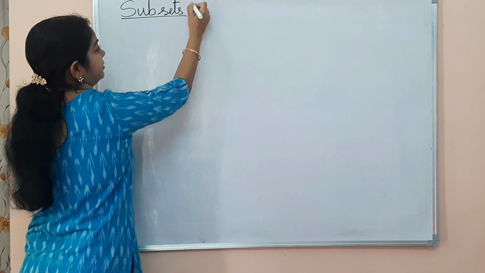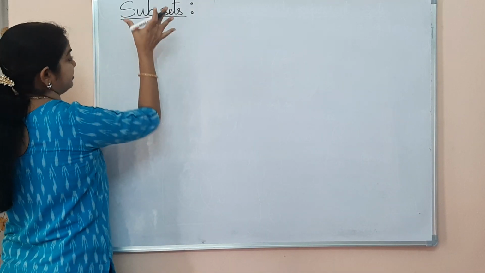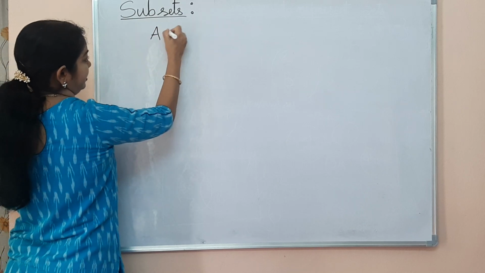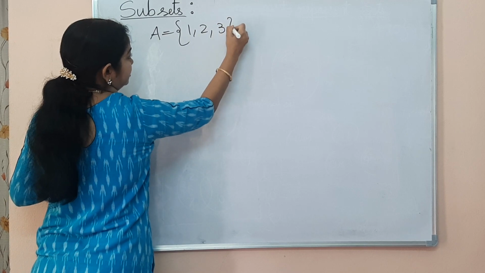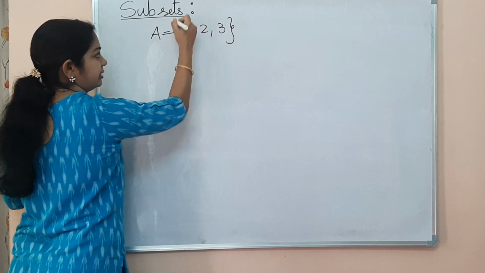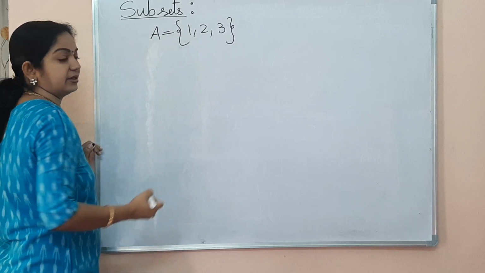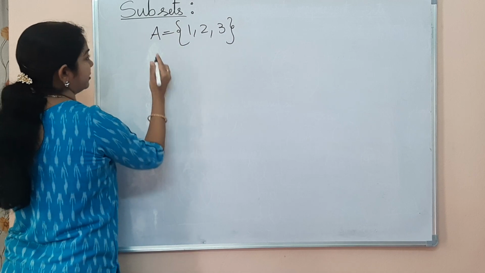subsets. Okay, we know a set. Now we see the subsets. Okay, if I take an example A = {1, 2, 3}, elements separated by commas, represented in braces and denoted by a capital letter. So this is a set. I'll write down the subsets.